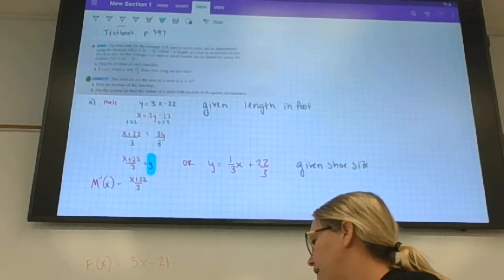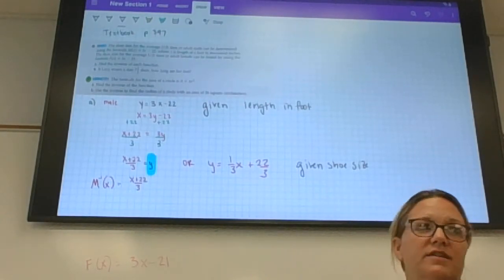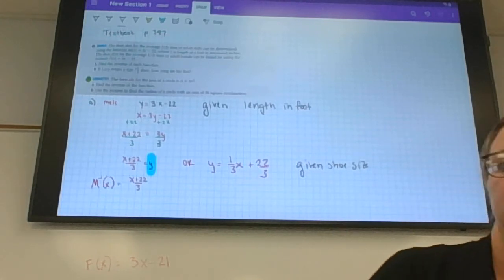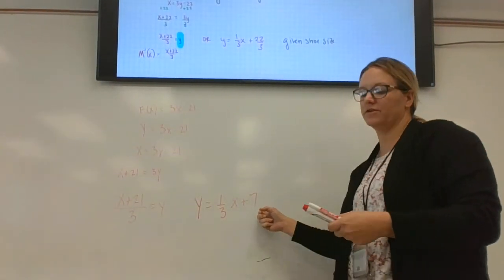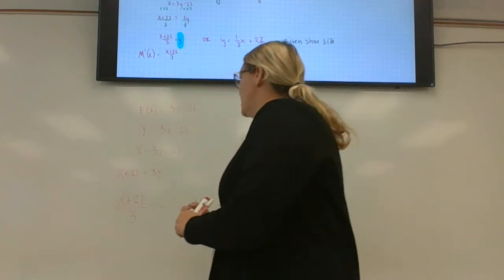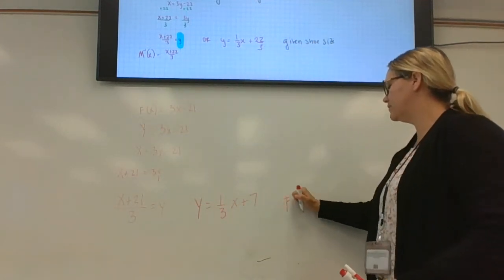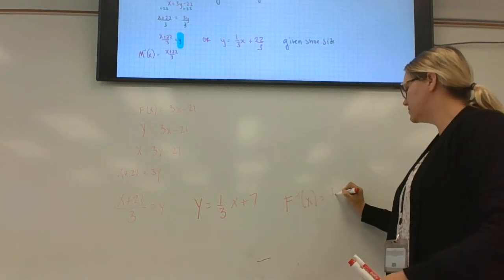So maybe you want to write it 1/3 x plus 7. Did you guys give that a chance to go ahead and make that a 7? So that's a good opportunity to split the fraction when you can reduce the number like that. So for this one, go ahead and label it that this is s -1 x.